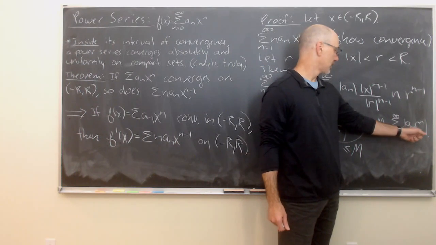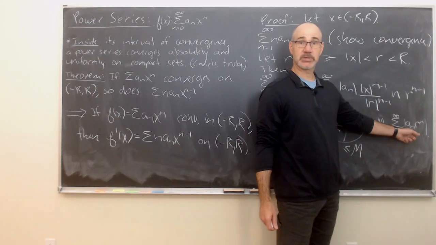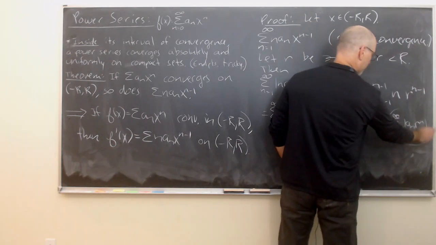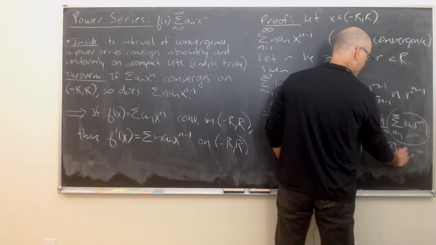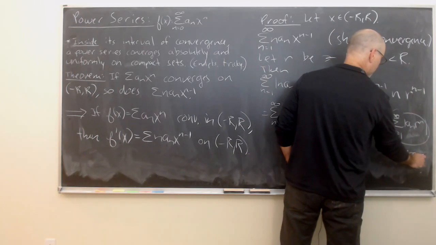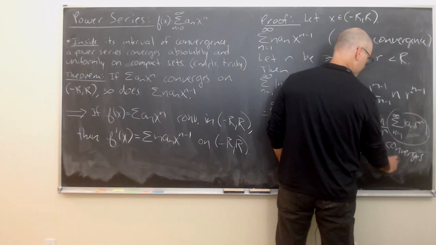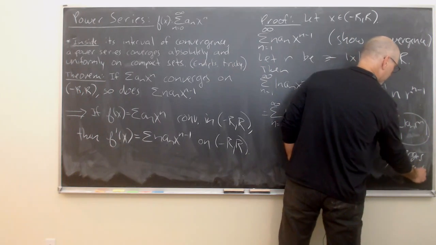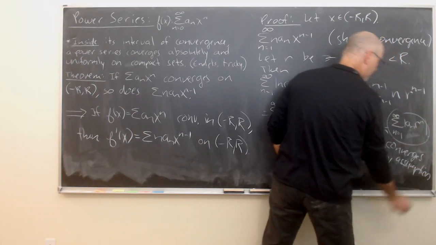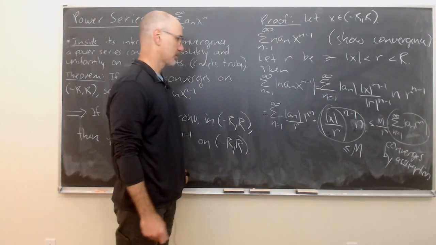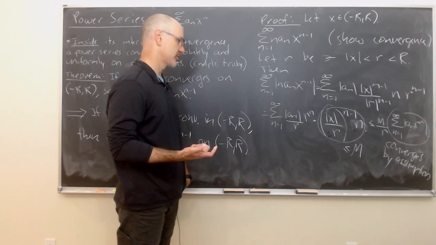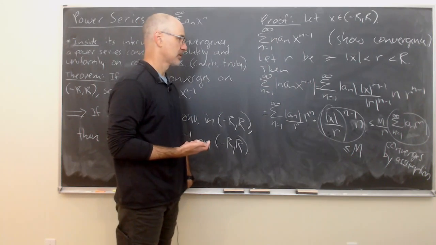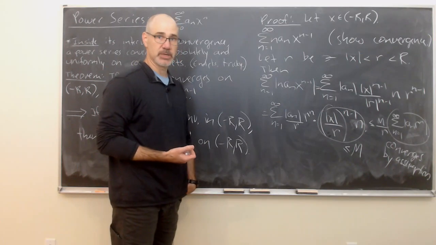And so we know this converges absolutely by previous work. It converges by assumption because we're inside the interval of convergence, and since we're inside the interval of convergence, that convergence is also known to be absolute.